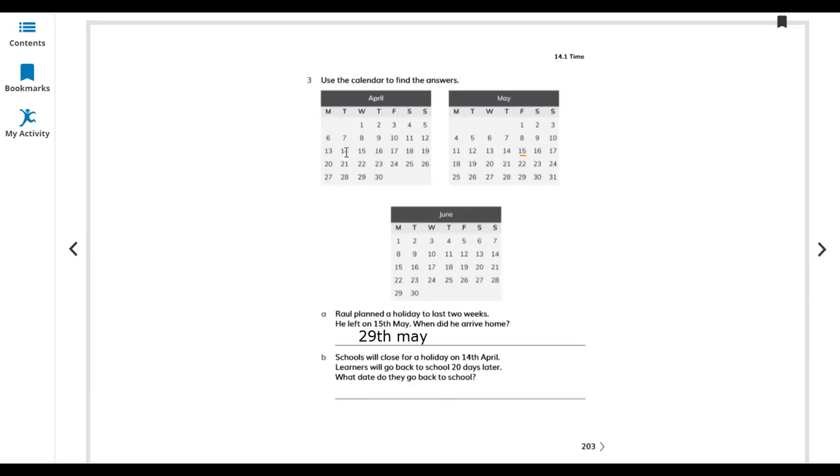This is 14 April, then 20 days. Okay, 14, 15, 16, 17, 18, 19, and 20. It means 4th May after 20 days. It's 4th May.